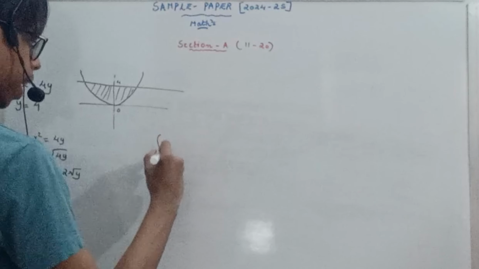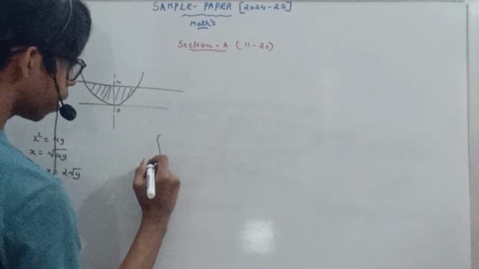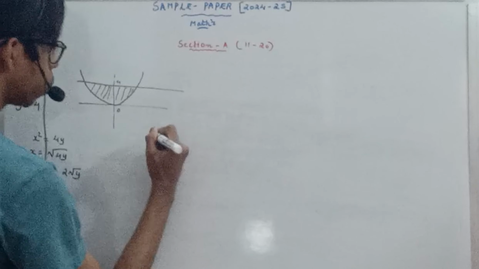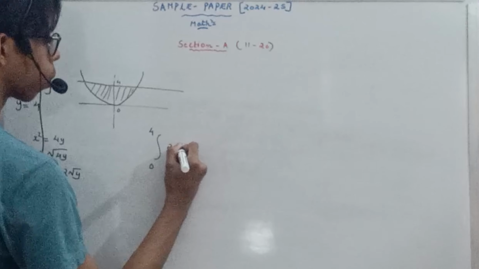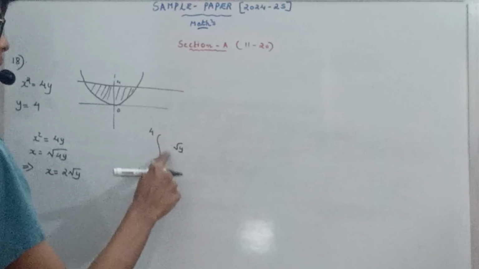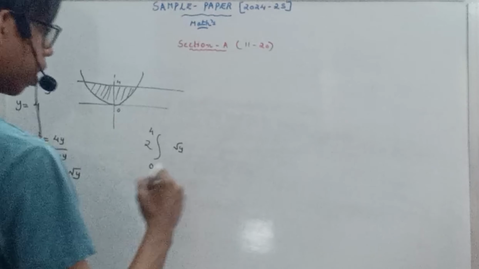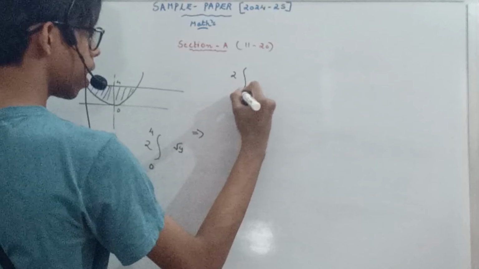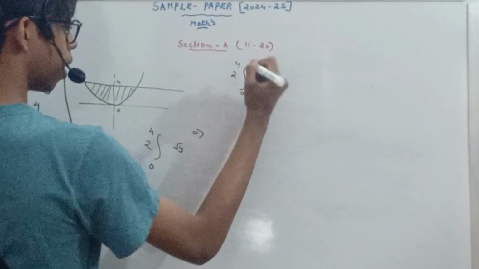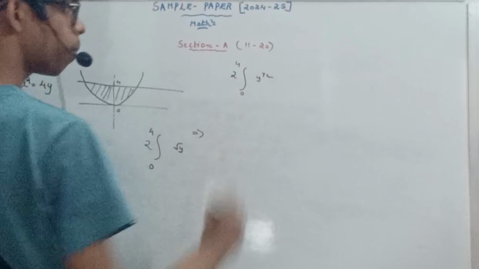So we can write the integral. From where to where are we finding the area? We are finding it from 0 to 4. So integral from 0 to 4 of 2 root y. This 2 we can take outside the integration sign. Now we can simplify it: twice the integral from 0 to 4, and this we can write as y raised to 1 by 2.